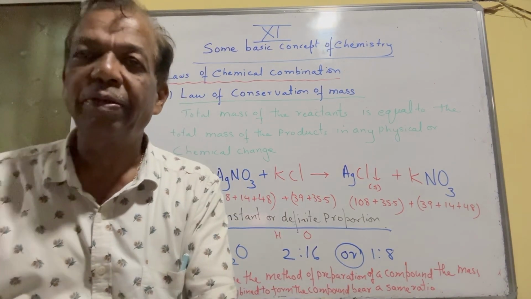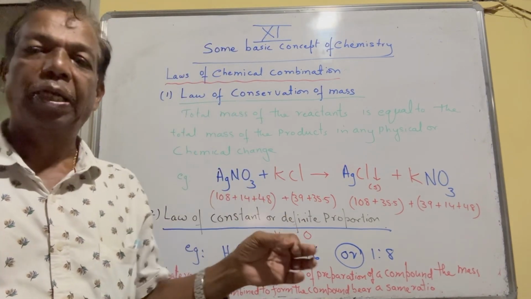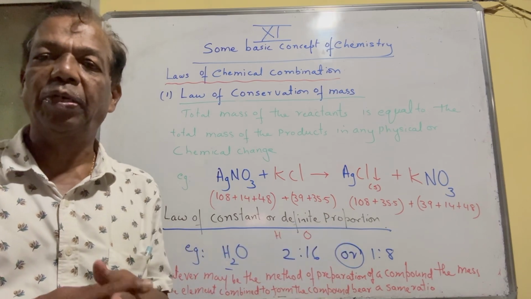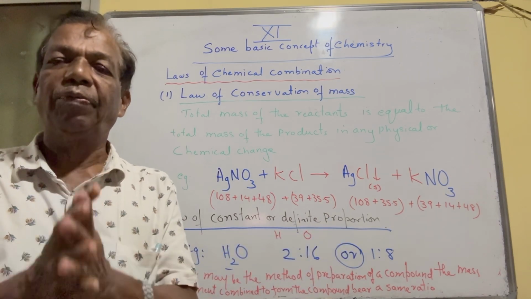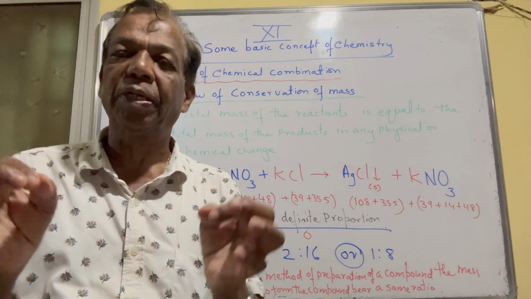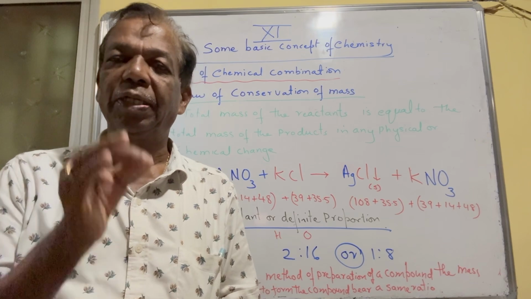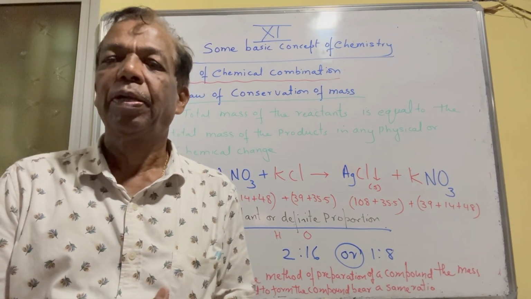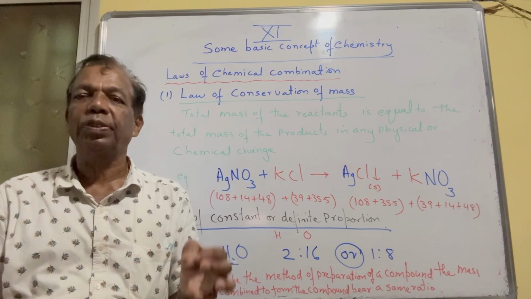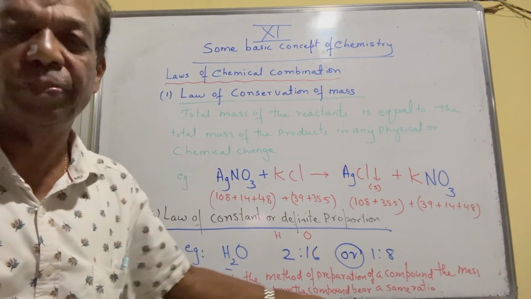I'll repeat again so that you can understand it very well. The law of constant or definite proportion says: whatever may be the method of preparation of a pure chemical compound, the compound contains the same elements combined together in the same proportion by mass.